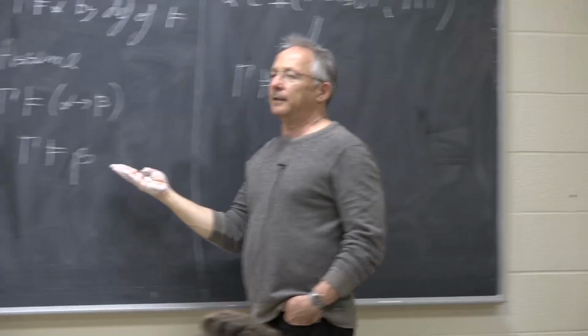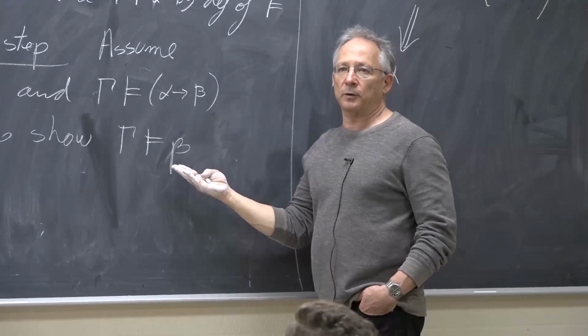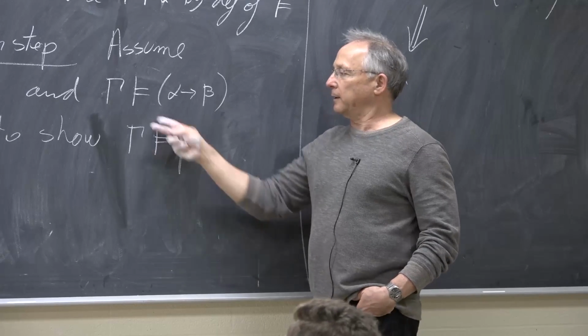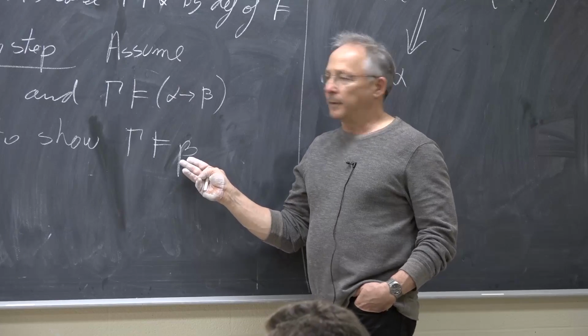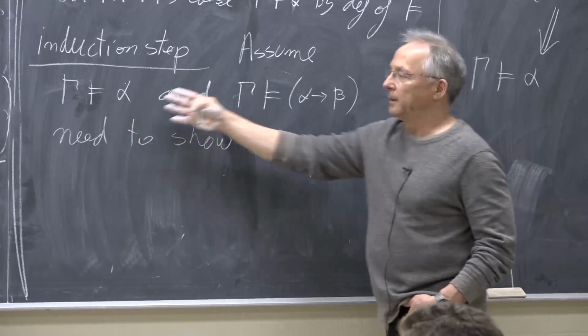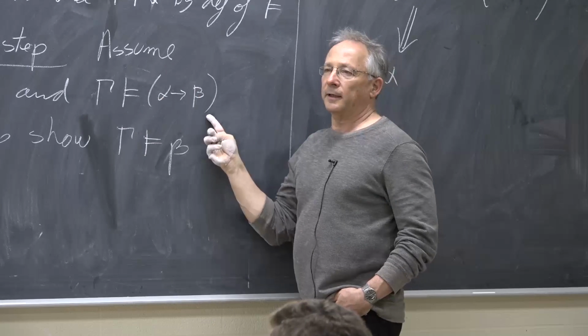And this is exactly like the case of propositional logic. If not, then there is some instance in which this is false. But this is always true. And if beta is false, I'll get a contradiction here.